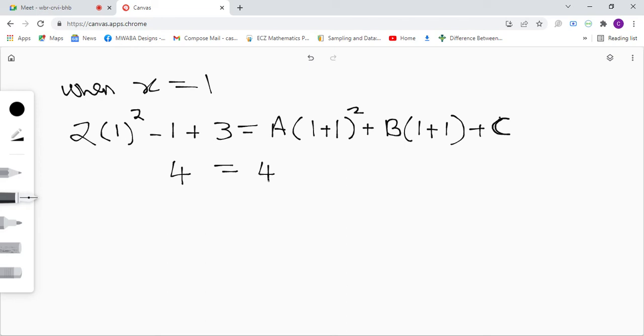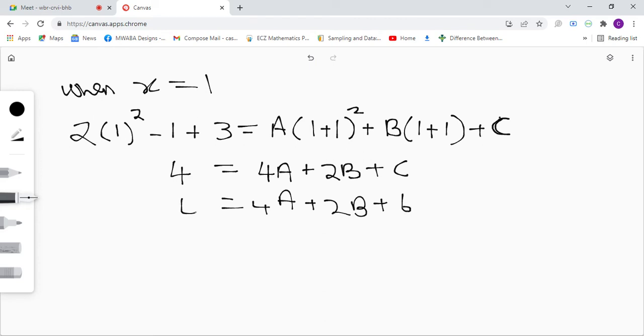So we're going to have 4a plus, 1 plus 1, that is 2, 2 times b is plus 2b, plus c. We already have our value for c, all right? Our value for c is 6. So we say 4a plus 2b plus 6.